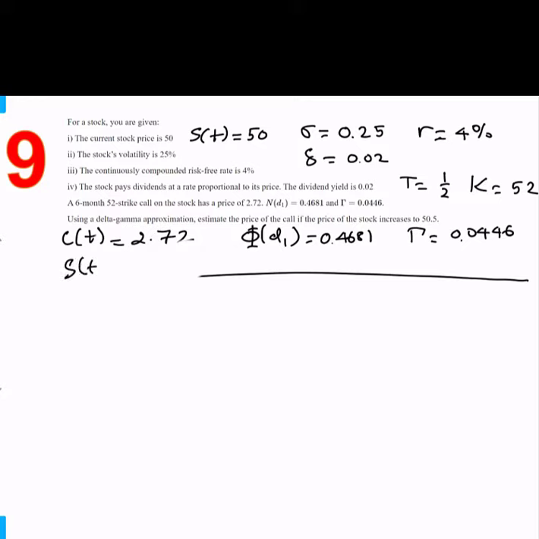The stock price increased, so we got S(T+h) is equal to 50.5. Leading to epsilon is 0.5, because epsilon here is the difference between the current stock price and the future stock price.